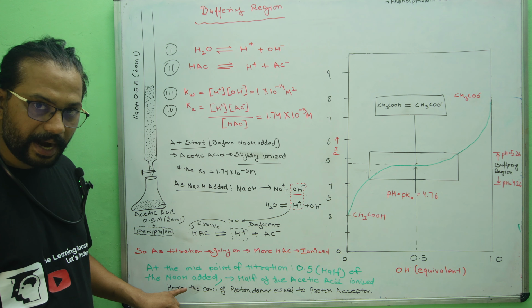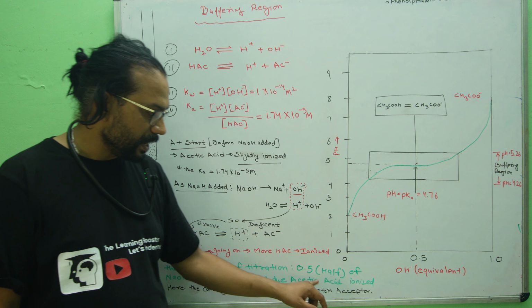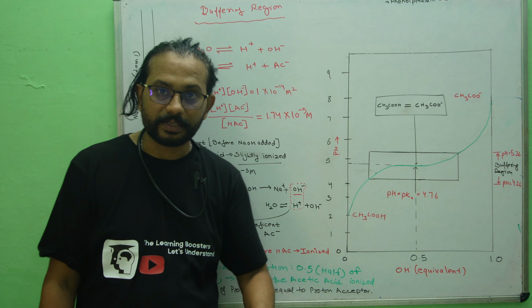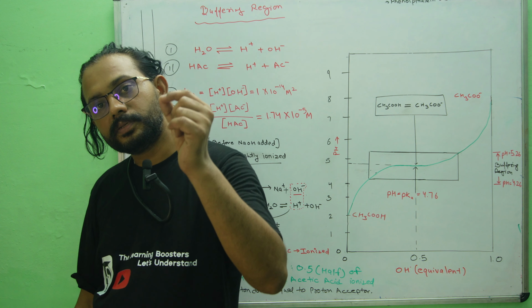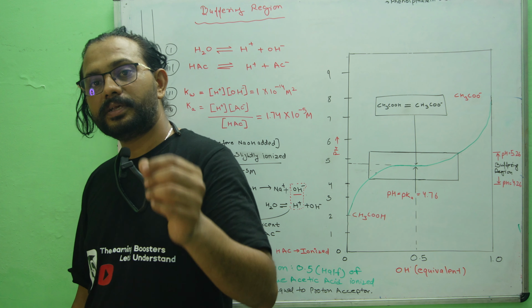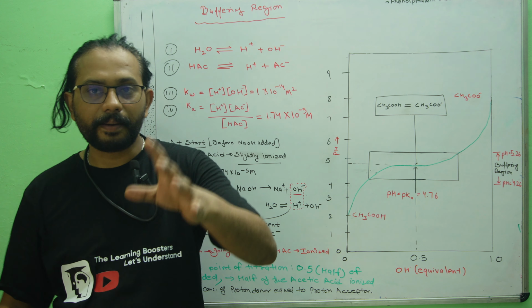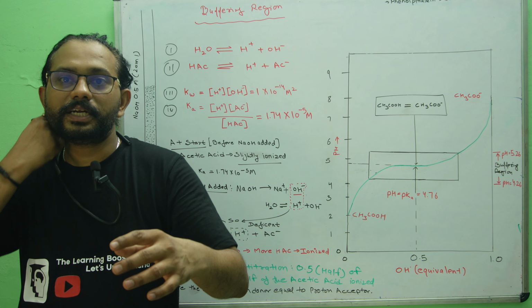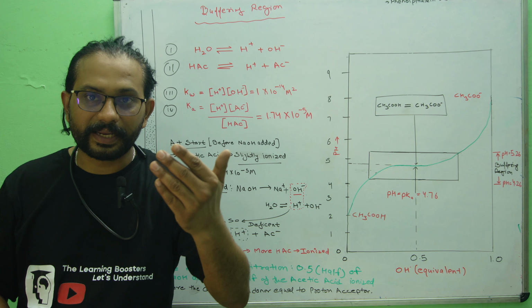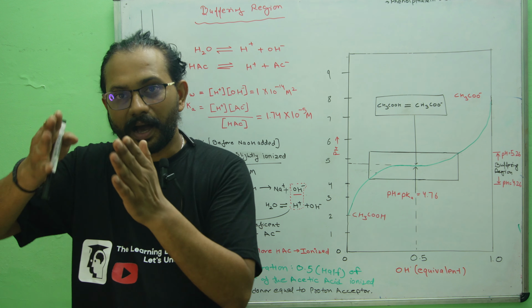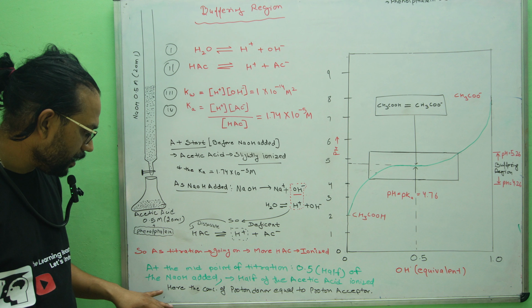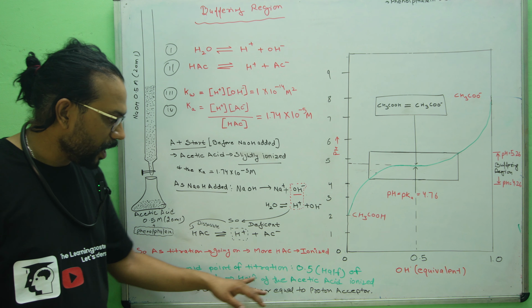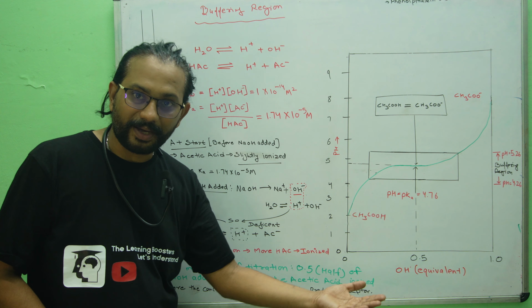When half the NaOH is added, half of the acetic acid is ionized. Remember, initially I told you the concentration of acetic acid and the concentration of NaOH are kept the same, and the volume is also the same. So when half the volume of NaOH is added, half the acetic acid is ionized.